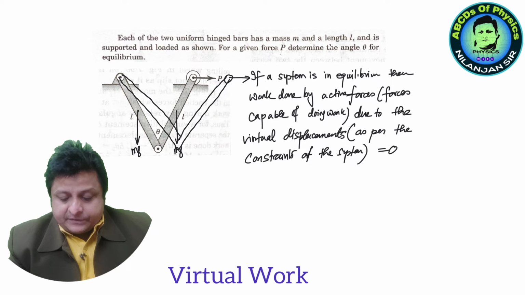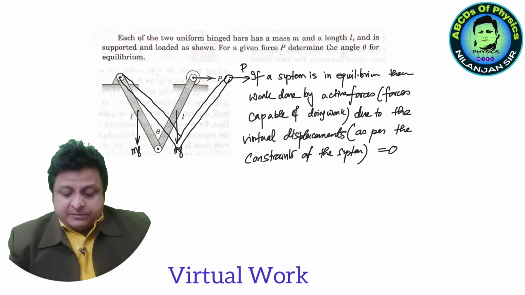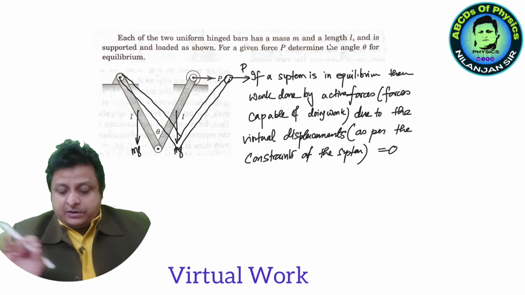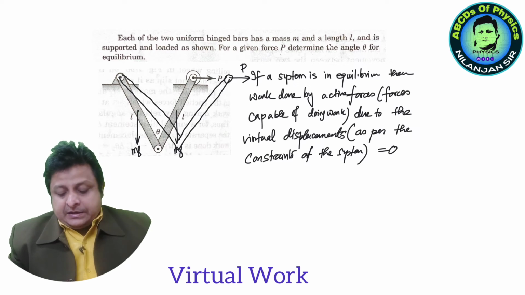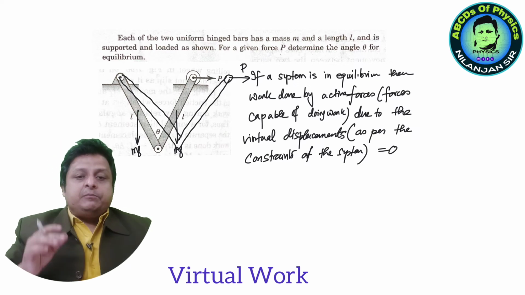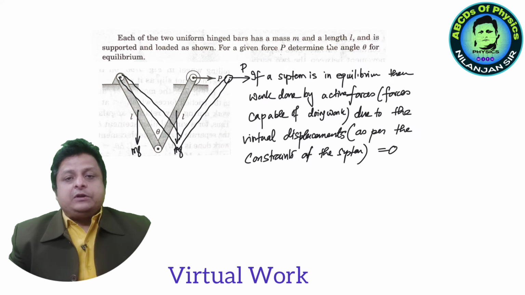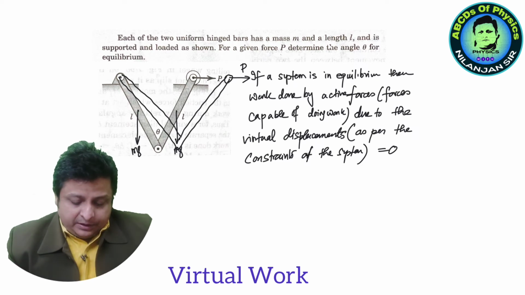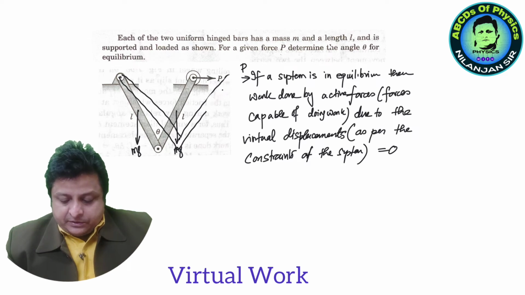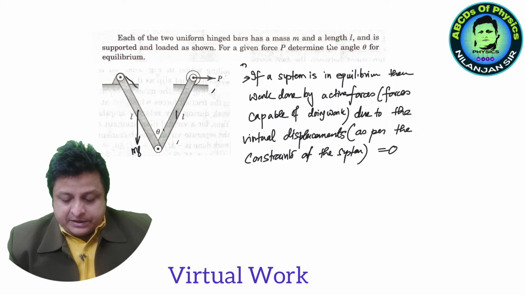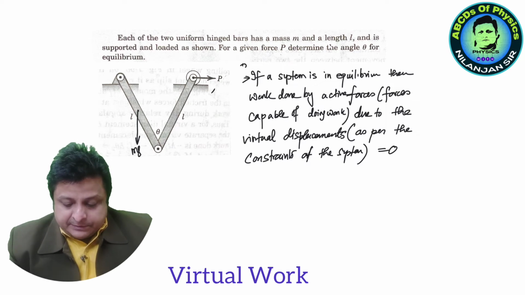That means the point P will move further to the right, and the centers of gravity of the bars will go up a little. Now let's find out the virtual displacements. Both the weights are equal to mg.